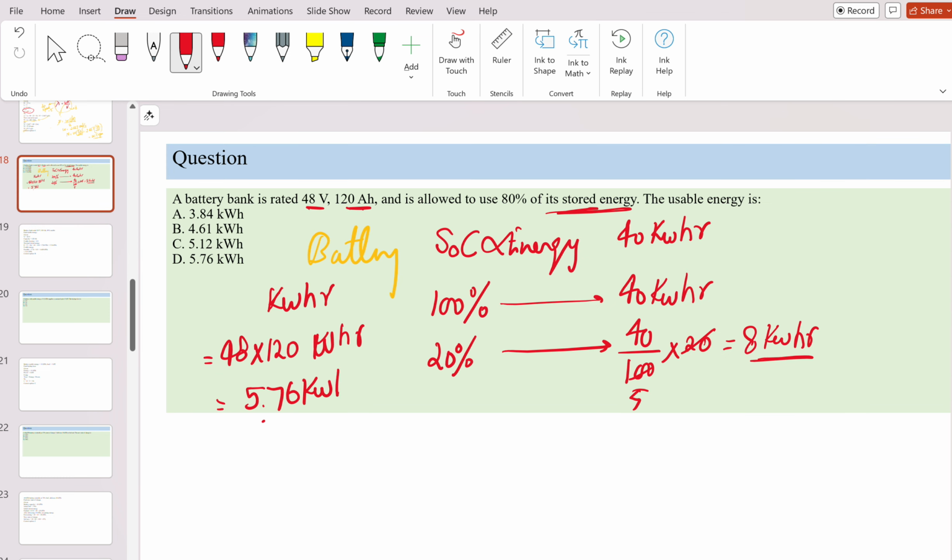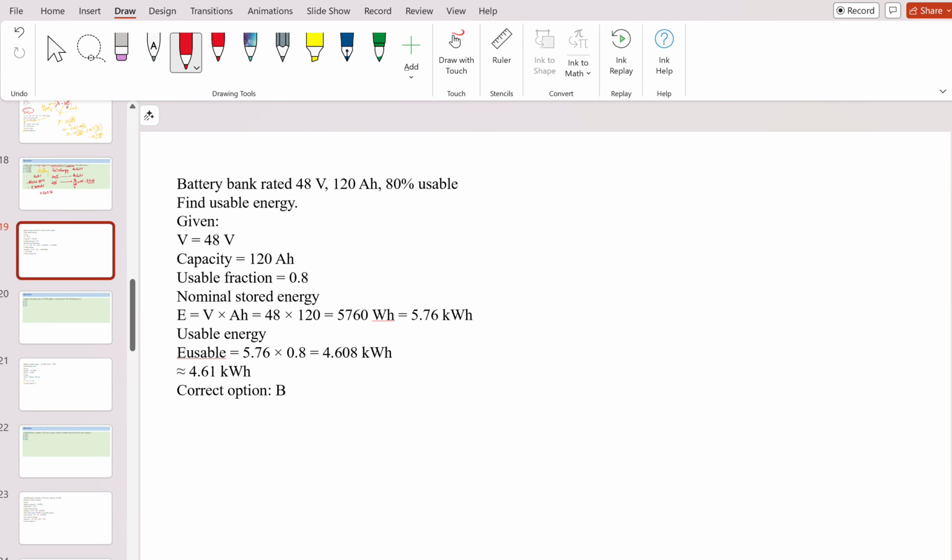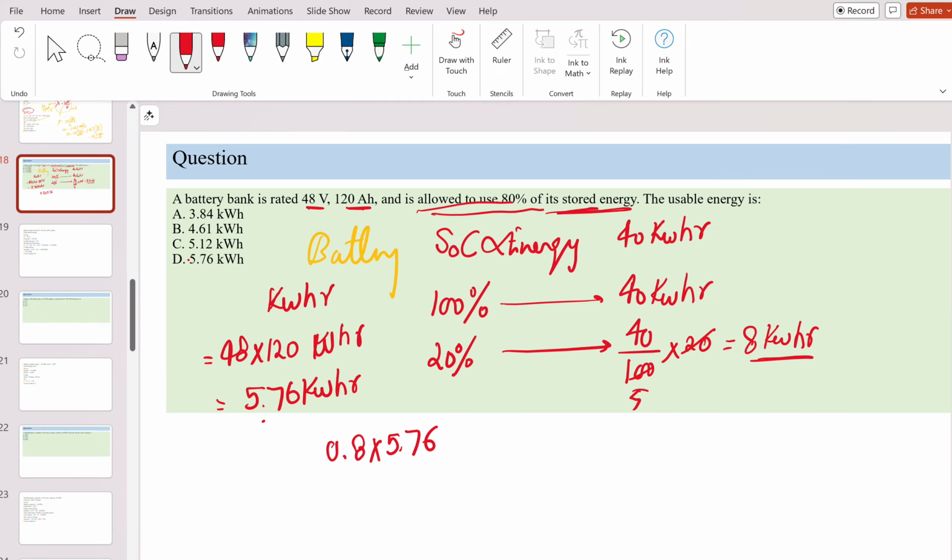So it is saying that the allowable use is 80% of the stored SOC. So 0.8 multiplied by 5.76, when you do, it will come out to be option B, that is 4.61 nearly. So always remember SOC is proportional to energy.